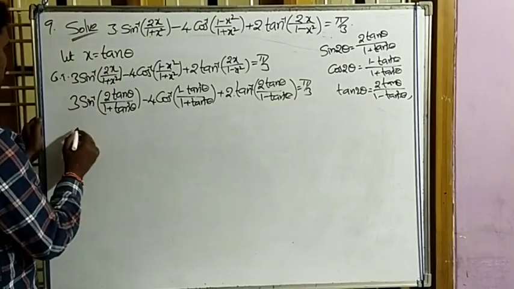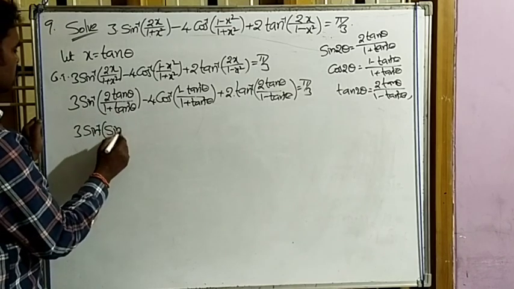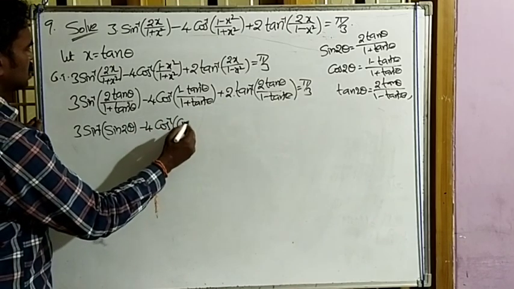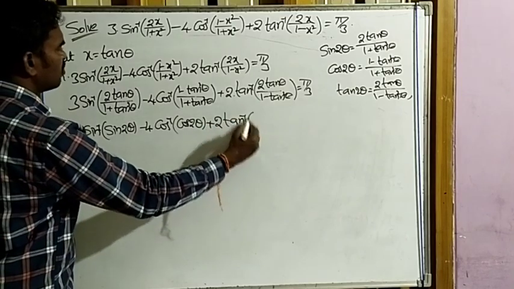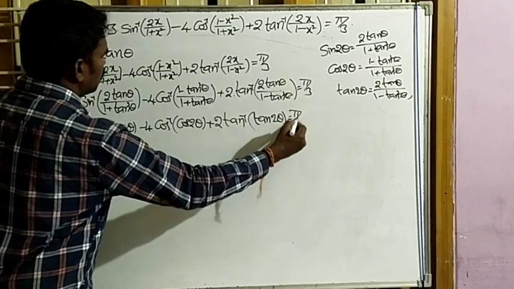So 3 into sin inverse, what about this? Very good, sin 2 theta formula, minus 4 into cos inverse, this is cos 2 theta formula. Simple problems. 2 tan inverse, this is tan 2 theta formula, is equal to pi by 3.